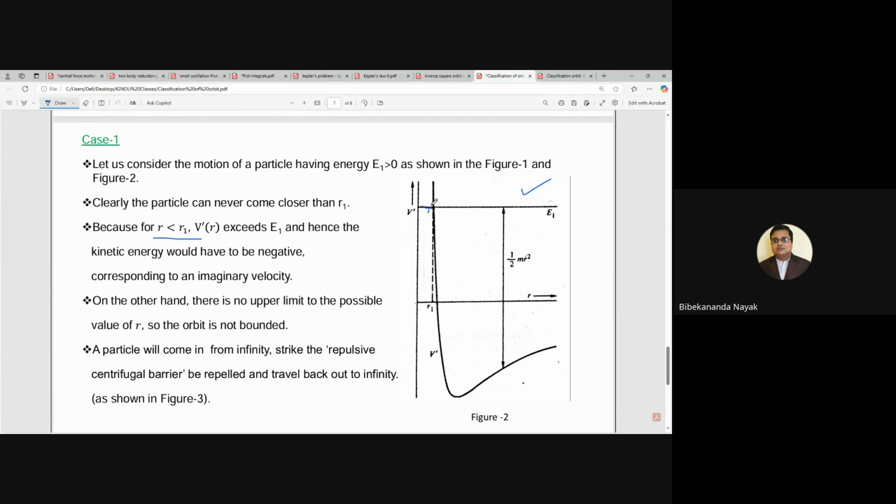At this point the potential is greater, so kinetic is negative, which is not possible. So R less than R1 is not possible for this motion. If a particle approaches from infinity to that point, it will go back at R1. Okay. So R1 is the turning point here.